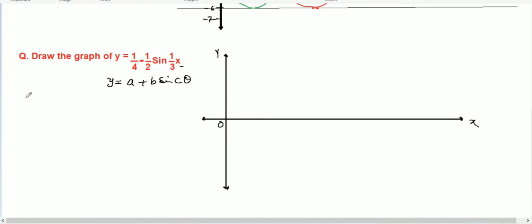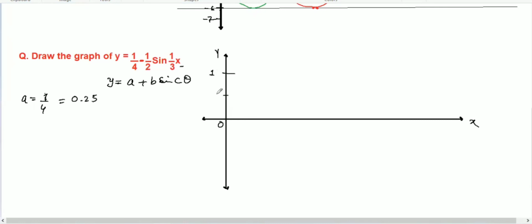So a equals 1 over 4 here. So 1 over 4, or you can write it down as 0.25, whatever you want. This is the midway line of the graph. Okay. So first find out what is the midway line. So I'm going to take this as 1.